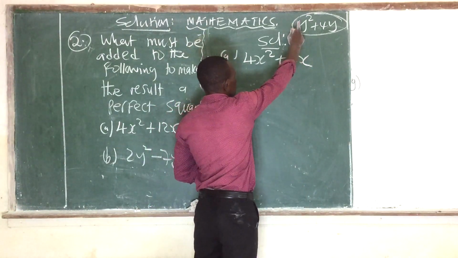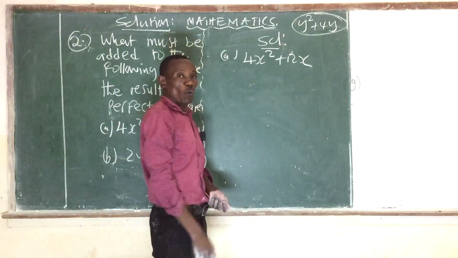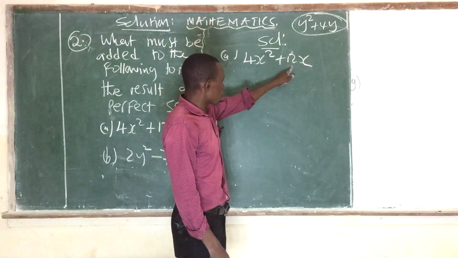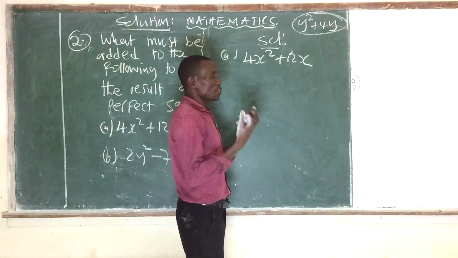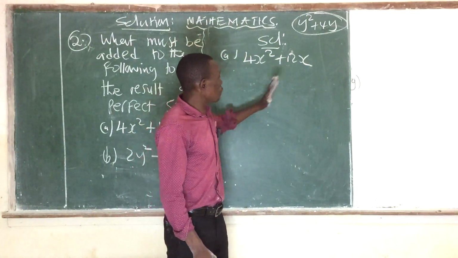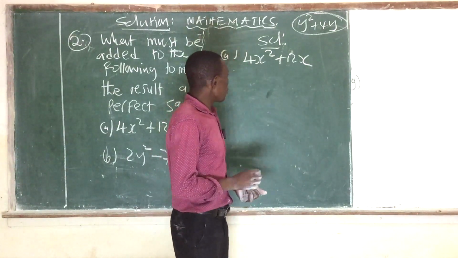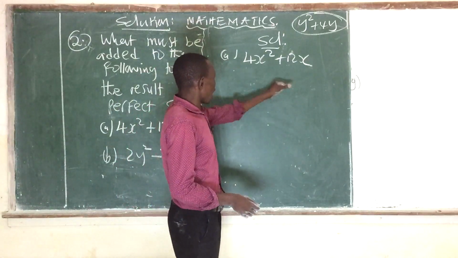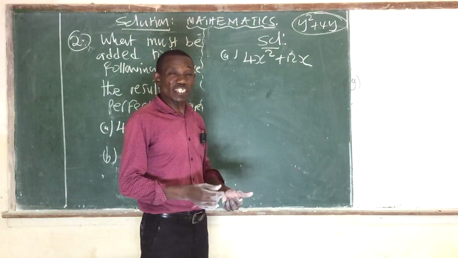The coefficient of this one is 1 here, but the coefficient of this one is a 4, different from a 1. So if we just go directly by dividing this 12 by 2, we find that at the end we are not going to obtain an expression which will be a perfect square. If you try to factorize, you find that that won't work. So what really should we do in order to make the result, after adding something there, a perfect square?